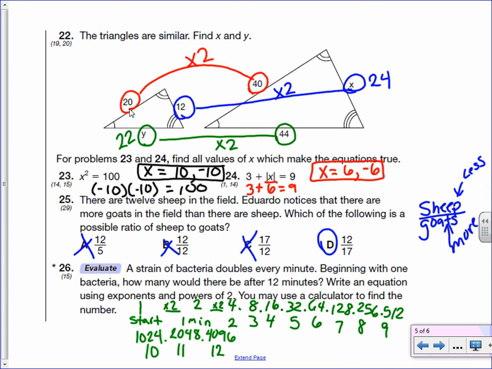So it says write an equation using exponents and powers of 2. So we would have the bacteria equals 2 to the 12th, which is 4,096.